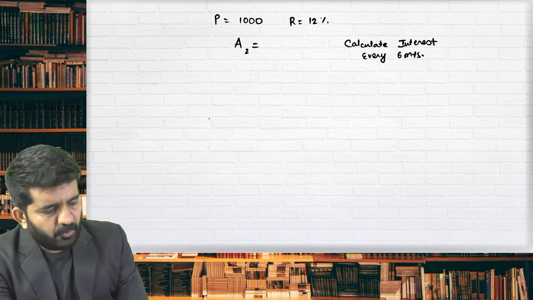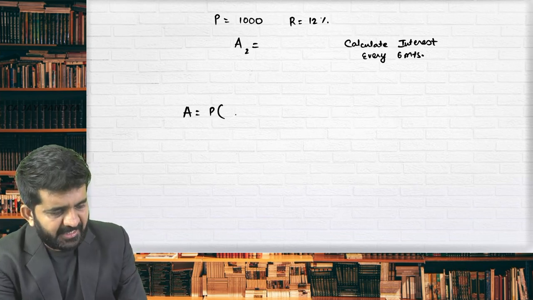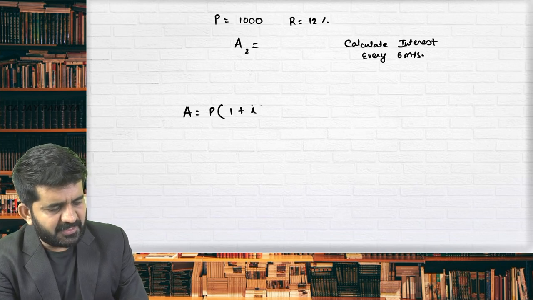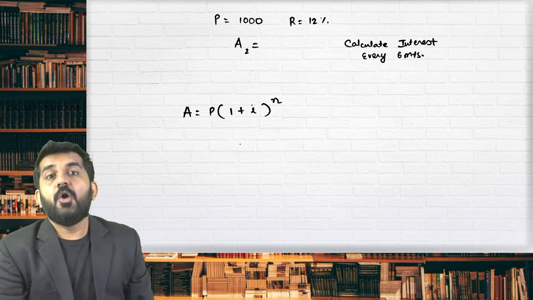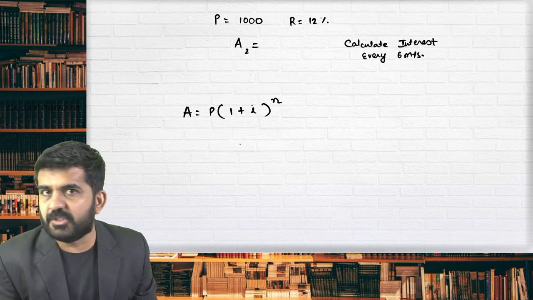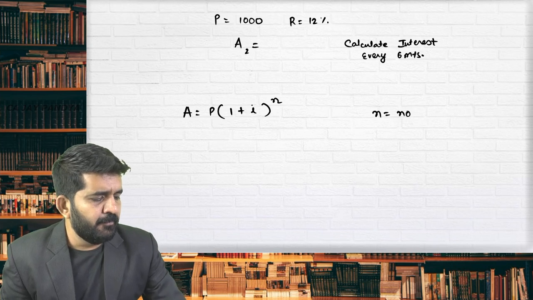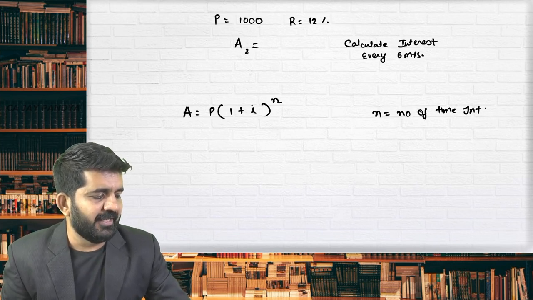So we wrote our formula A is equal to P into (1 plus i) raised to n. And what was n? We were treating it as number of years, but actually n is the number of times interest is calculated.